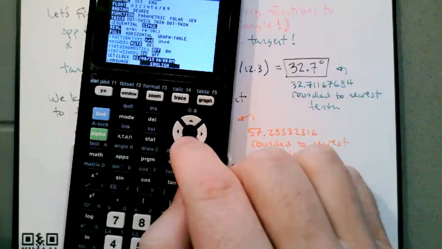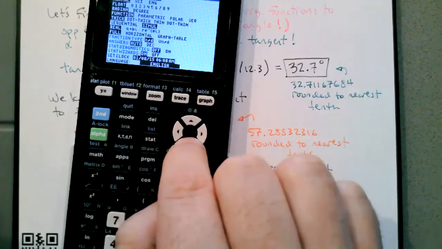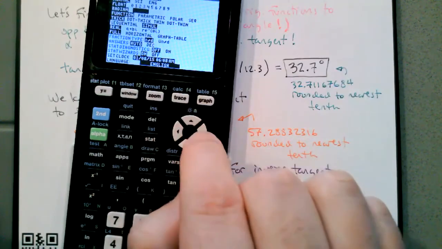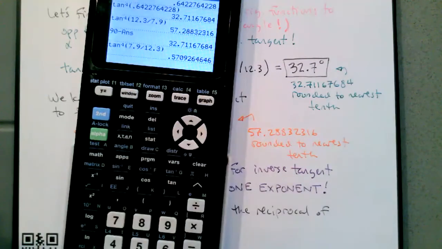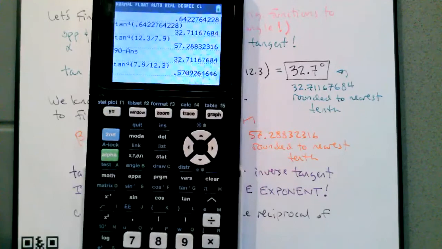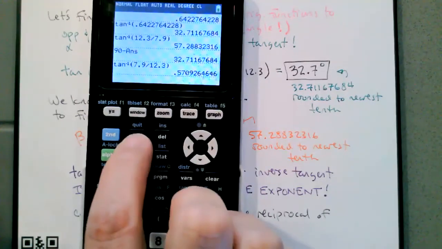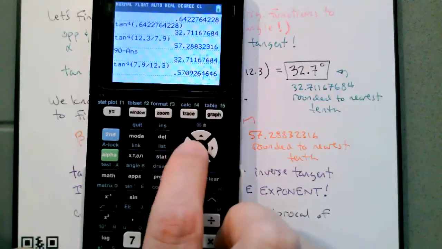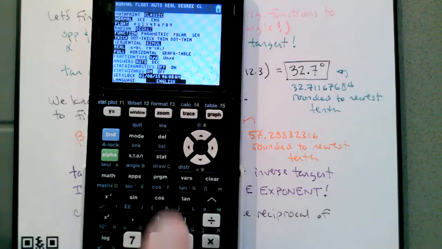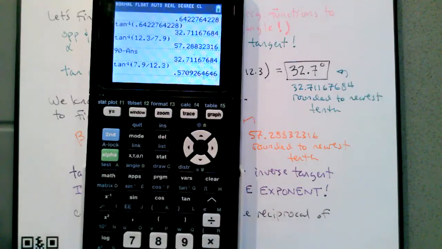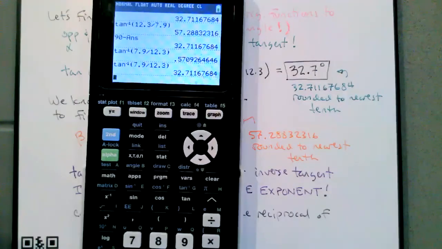What you need to do is go into your mode and change from radian mode to degree mode. Gotcha. How do I change modes? On your calculator, if you hit the mode button, if you have a TI-84, there you go. Then go down to degree, highlight it, and hit enter. Then if you run the calculation over again, just hit enter again, it'll give you the 32.7. Okay, awesome.